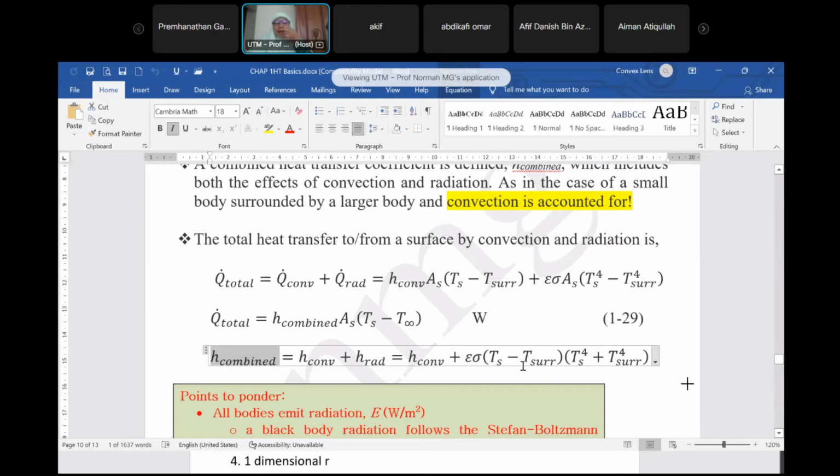T surface is given, T infinity is given. So you have Q total. There are two, one is the surface area.